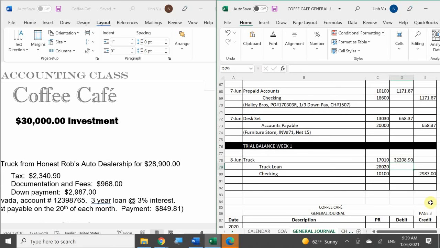Your loan is going to be 32,208.90 minus your down payment, which gives you $29,221.90. That is your truck loan.